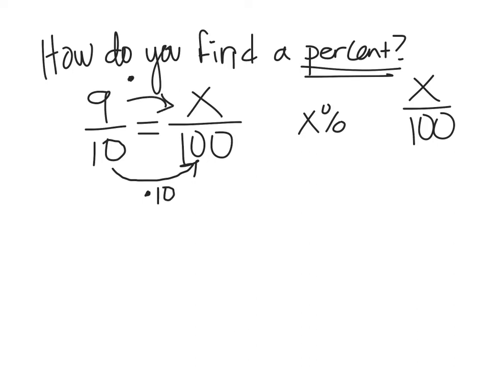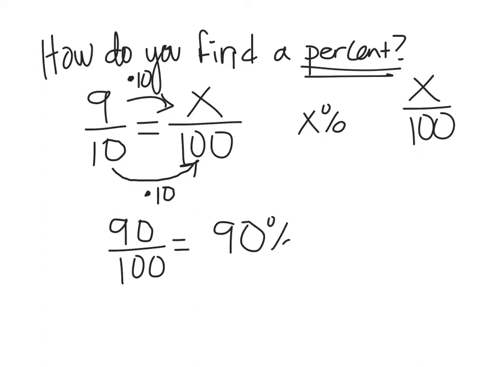And then do the same thing on the top. And 10 times 10 gives me 100. That's what I wanted. That was the point. And 9 times 10 would give me 90. So 90 out of 100 would tell me that I got 90% of the problems correct on the quiz.